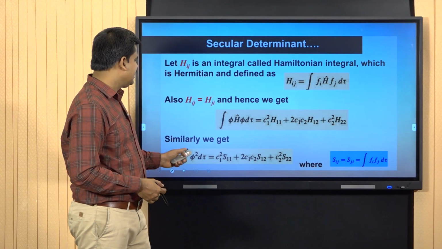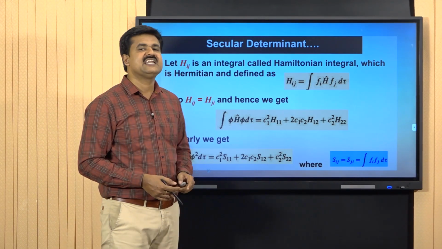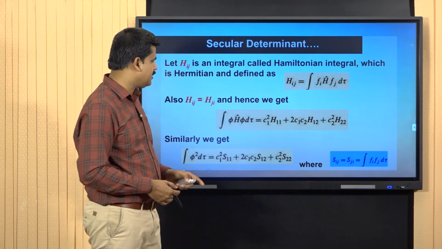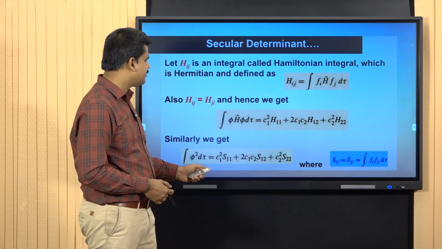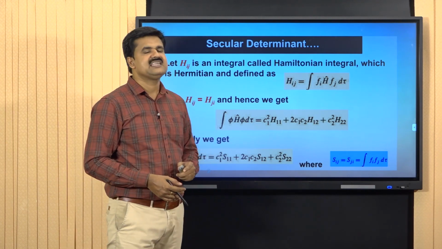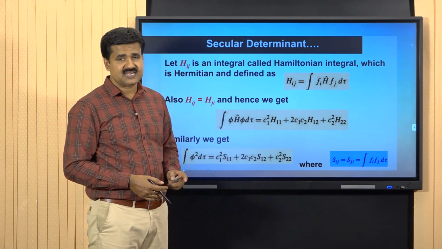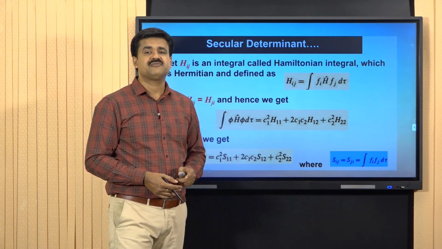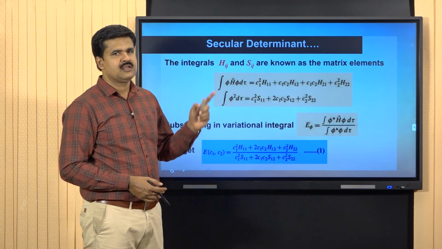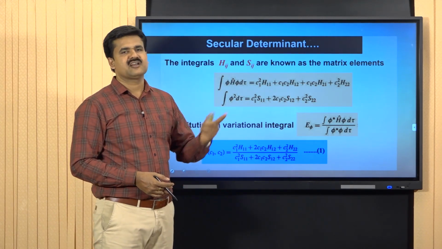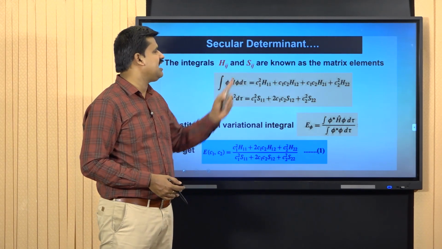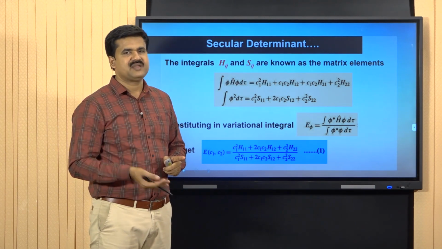Similarly, the integral of phi square d tau, the denominator of the variational integral, can be simplified like this, where Sij and Sji are known as the overlap integral, represented as the integral fi fj d tau. Hij and Sij are known as the Hamiltonian integral and the overlap integral.